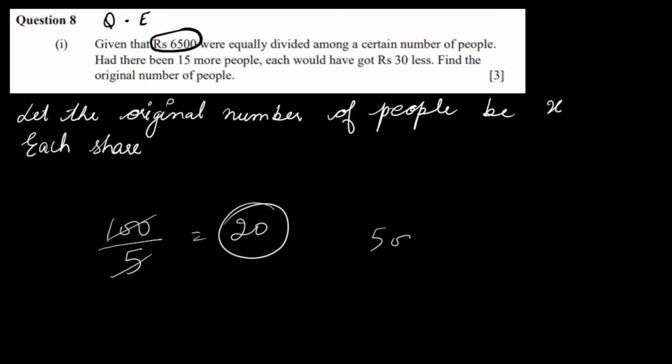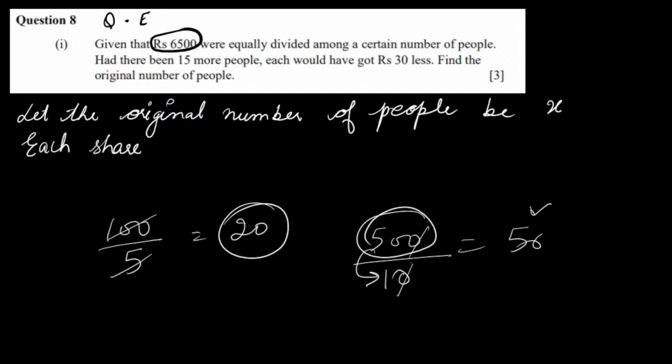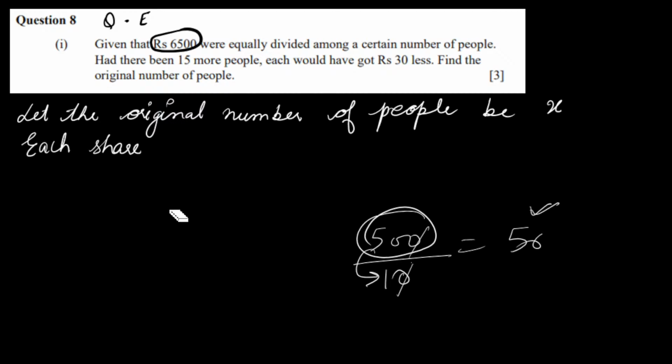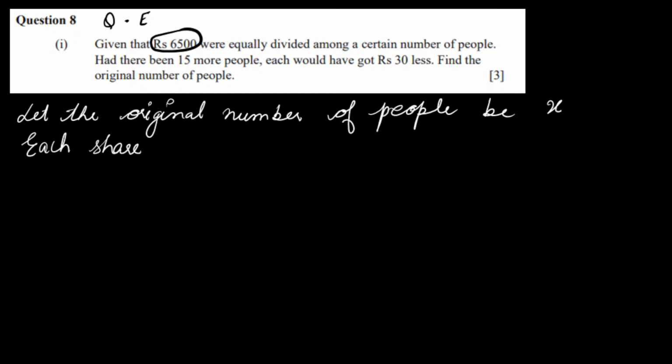If I have 500 and divide among 10, each one will get how many? So if I divide the total amount by the number, I'll get the share of each person. This concept we are using here.